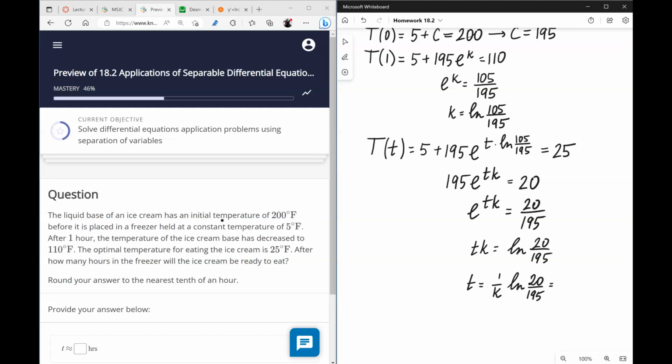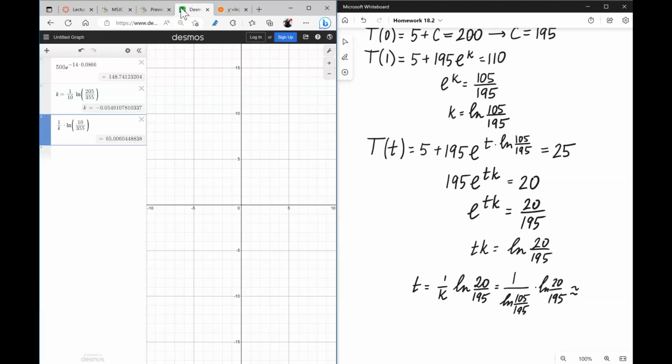And this is where the fact that k is equal to ln of 105 over 195 matters. So this is the final computation. And I'm going to let Desmos do all of this.